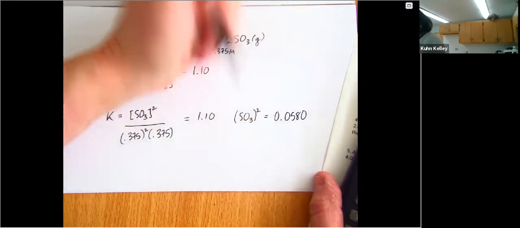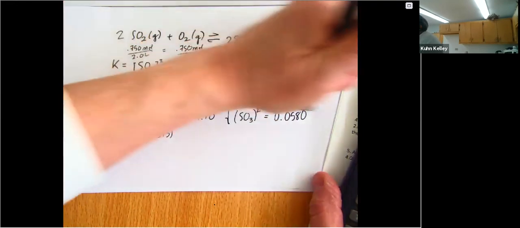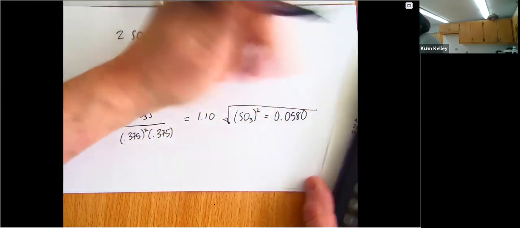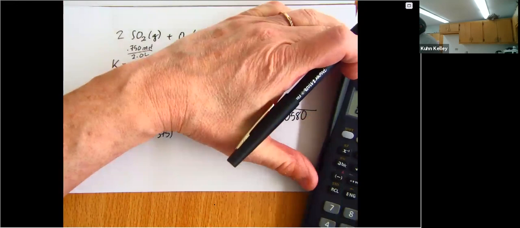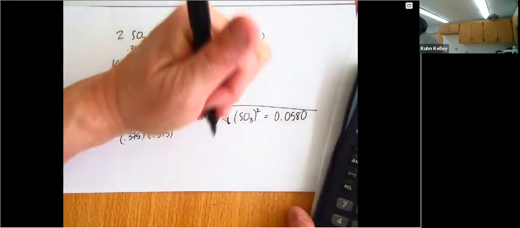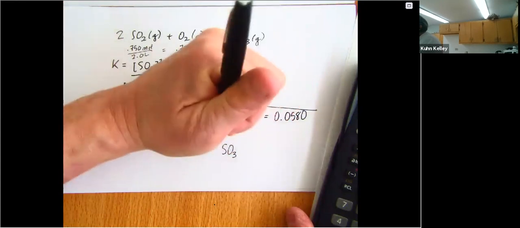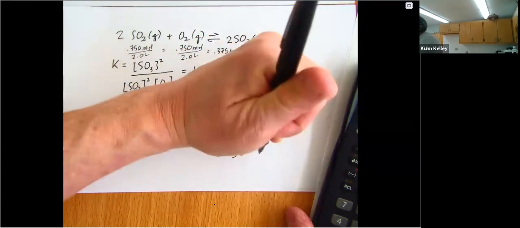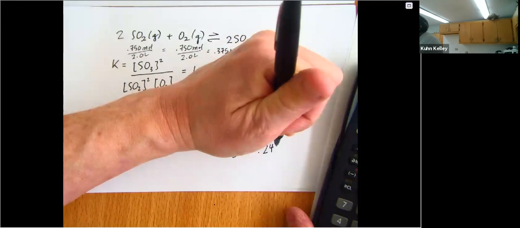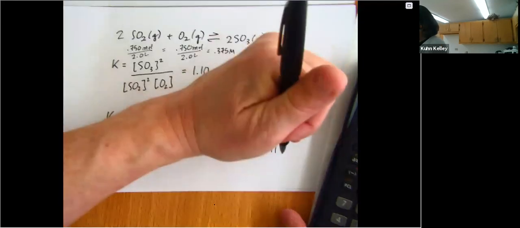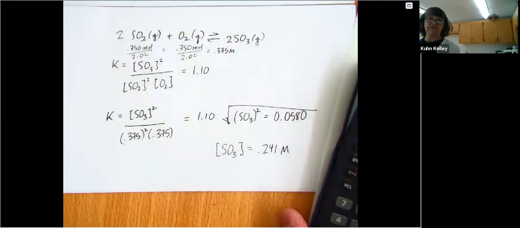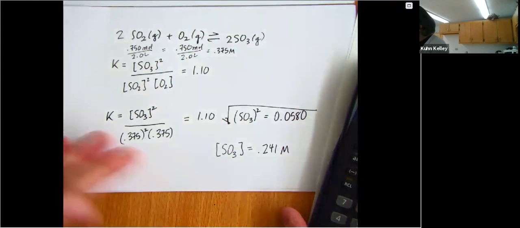If I take the square root of both sides, the square root of that number is 0.241. So one last thing we can do is plug these values back in to see if they work.